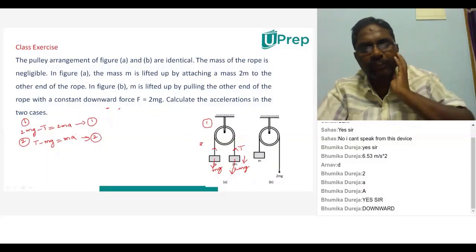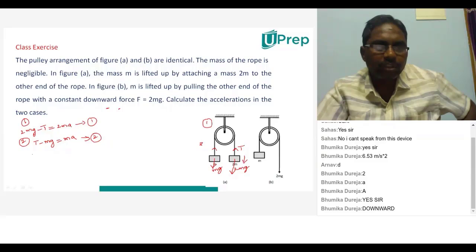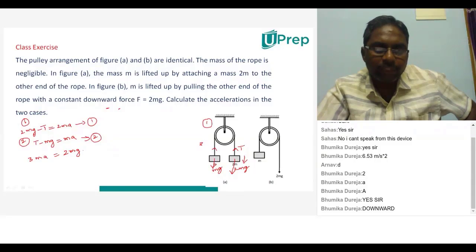Now add these two equations. Tell me what will be there now. 2ma plus ma, that means 3ma is equal to 2mg minus T plus T minus mg. That means minus T plus T will be cancelled.